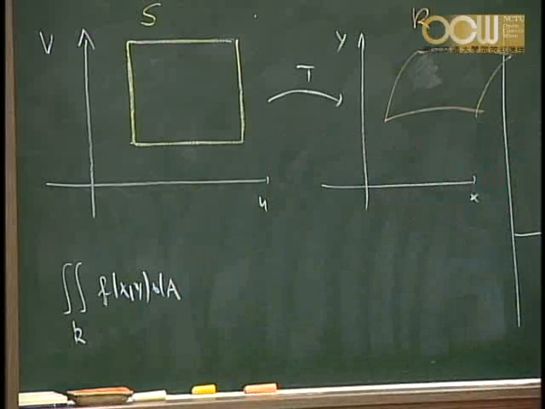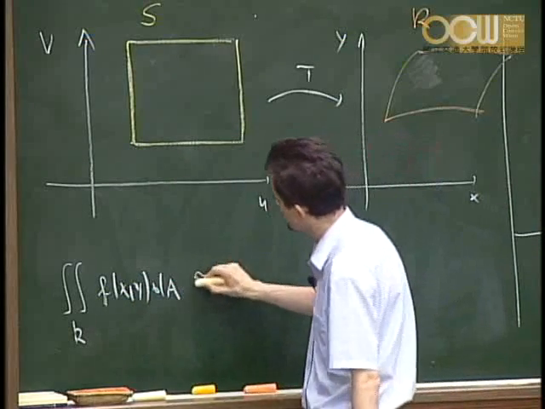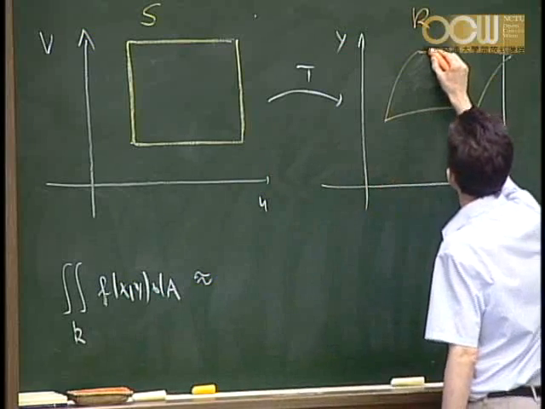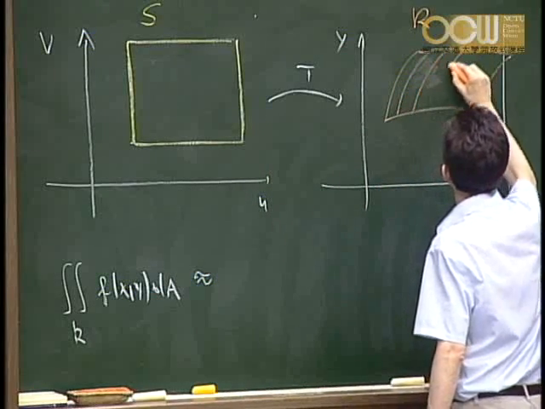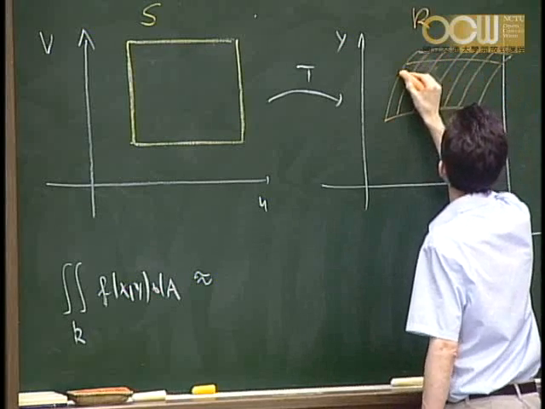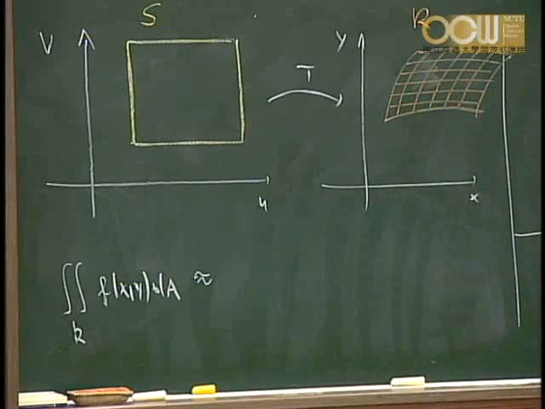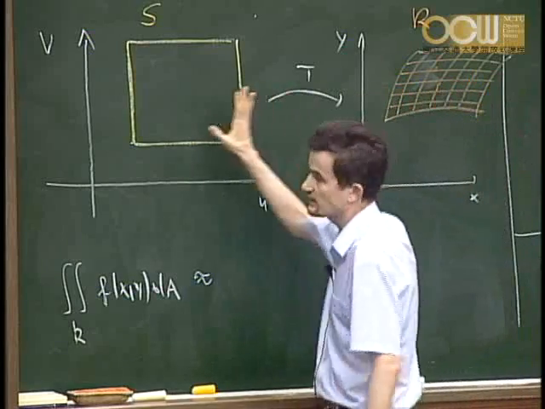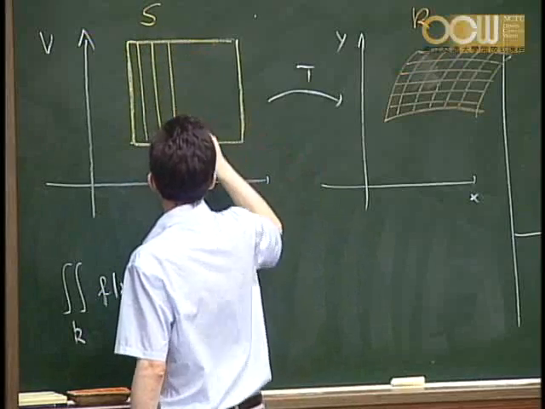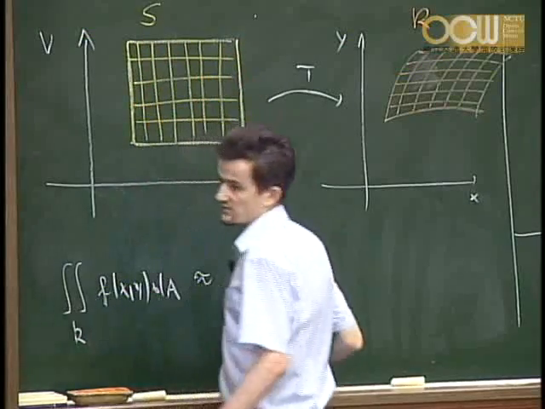Now we know that we can write this integral here. So this will be roughly, okay, what I do is I divide into subregions. Actually, I'm not dividing R, I divide S, which is a rectangle, into the usual subrectangles.